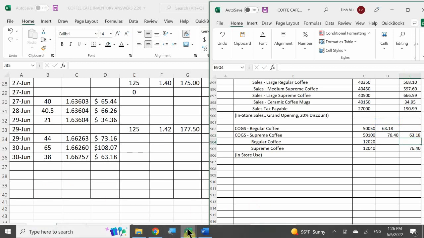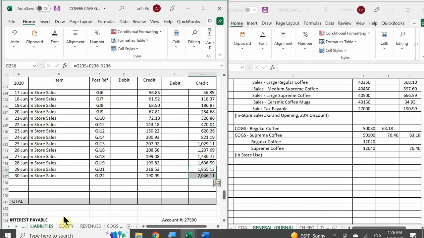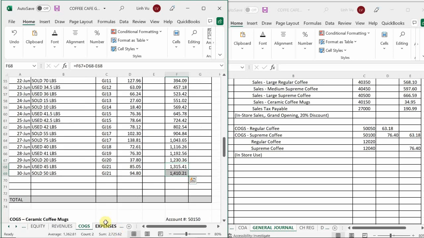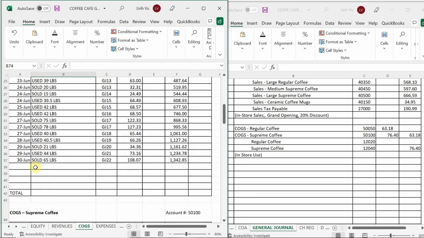So let's go ahead and update my ledger to match our inventory worksheet. All right, since we sold, we have to update our inventory, starting with our cost of goods sold.